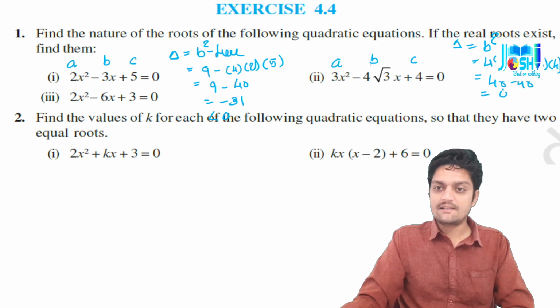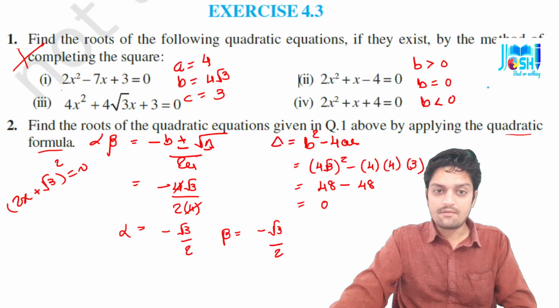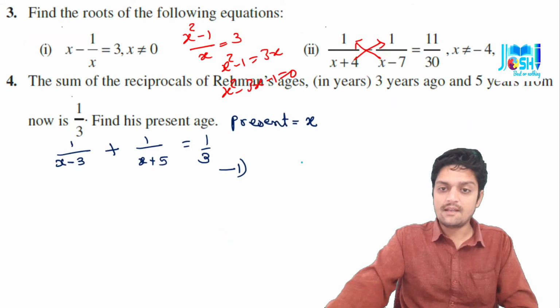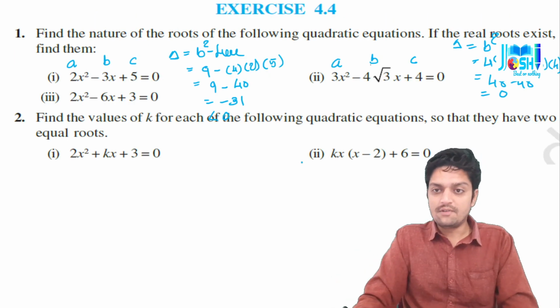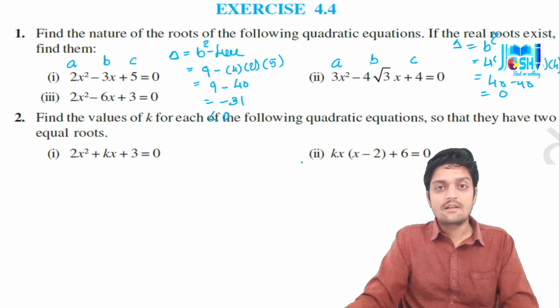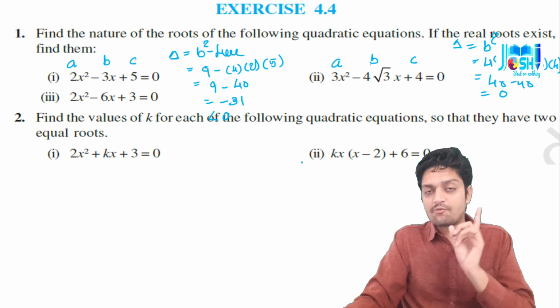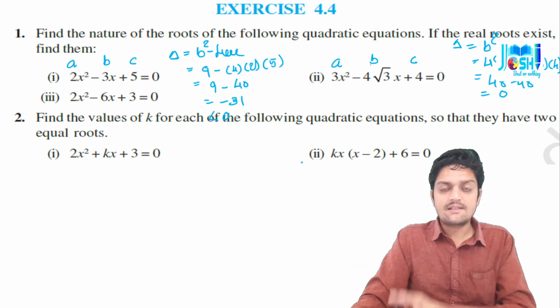So again this is 0. So we got the same kind of equation again here. See here, 48 minus 48. So again you will get two same roots, and this is a perfect square kind of question. So what I have done in that question, the same thing you have to perform here. So like this, the first question is over.